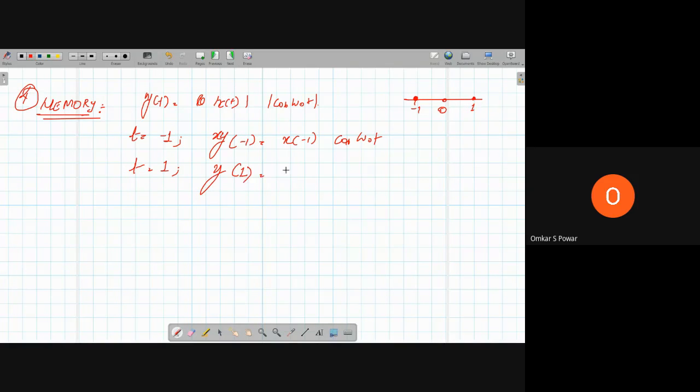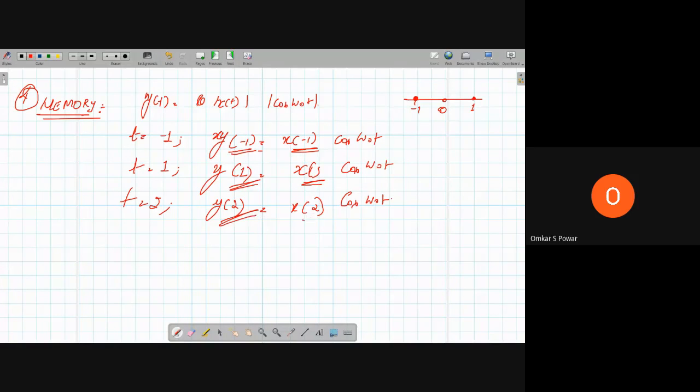So y of minus 1 is equal to x of minus 1 into cos omega naught of t. At t is equal to 1, y of 1 is equal to x of 1 into cos omega naught of t. Or you give t is equal to 2, y of 2 is equal to x of 2 into cos omega naught of t. So what is happening, you can observe. At minus 1, it depends on the value of minus 1 itself. At 1, it depends on the value of 1.